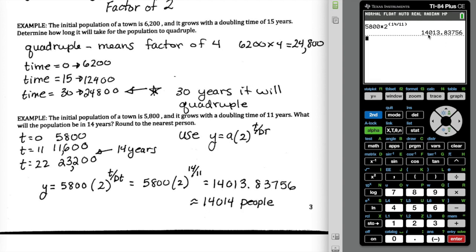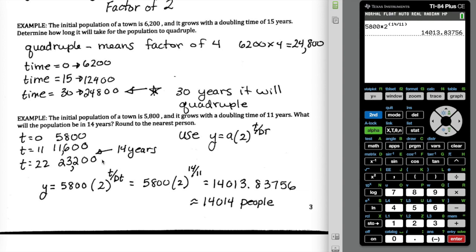So I have 14013.83756. But to round it to the nearest person, since this is a 0.8, this 3 is going to jump up to a 4. So my final answer is going to be 14,014 people, which definitely falls between 11,600 and 23,200. That definitely falls between these two values, so my answer makes sense, and it's a way that I can double check myself.